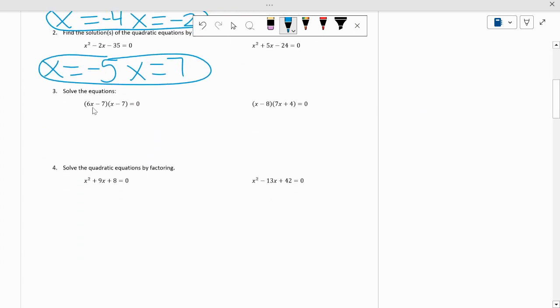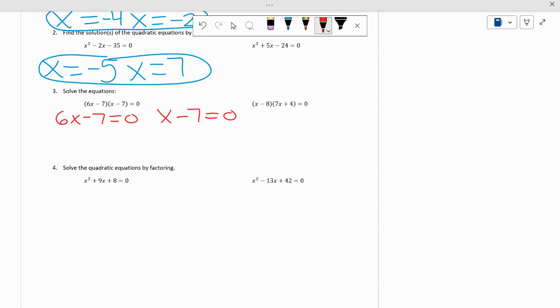Number 3, lots of questions on number 3. This is actually one of the first things we learned in topic 9. This says that two equations, or these two pieces are being multiplied to equal 0. That means that the first piece, the first parenthesis could be the 0, or the second one could be the 0.